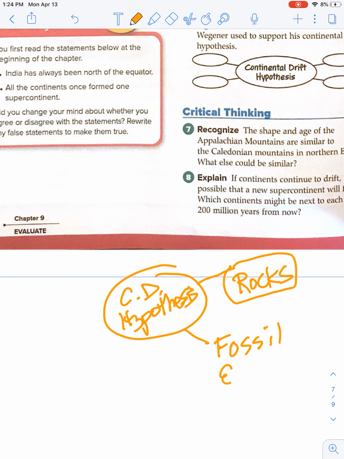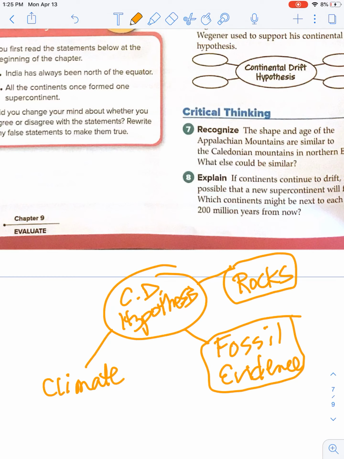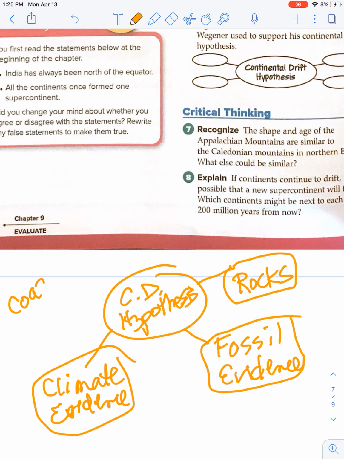There was fossil evidence. There was some climate evidence, and some of that was with the fossils too. And coastline. All right, the jigsaw puzzle looking thing of the coastline.